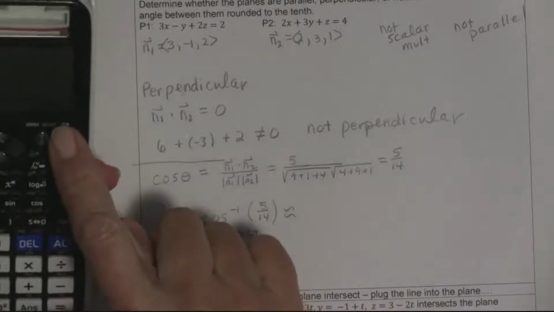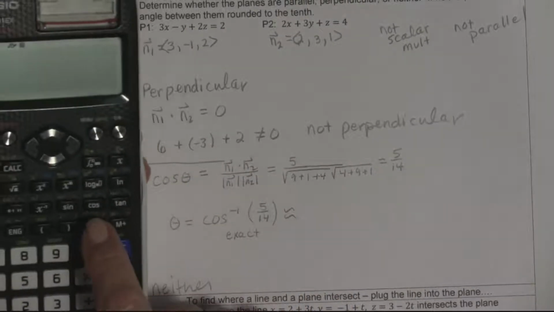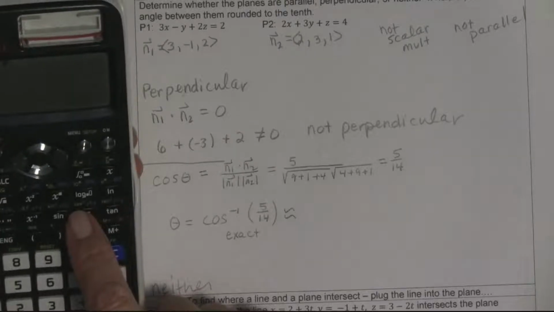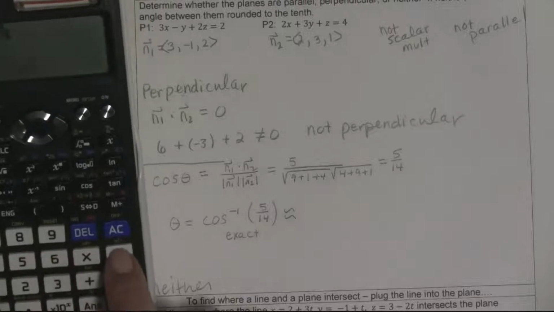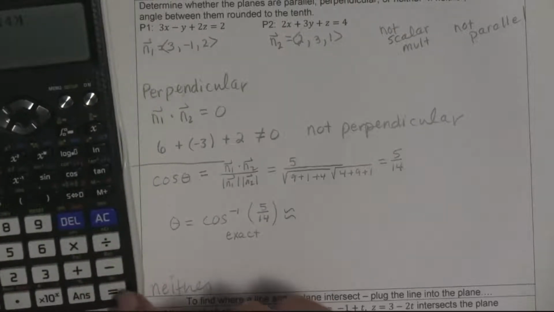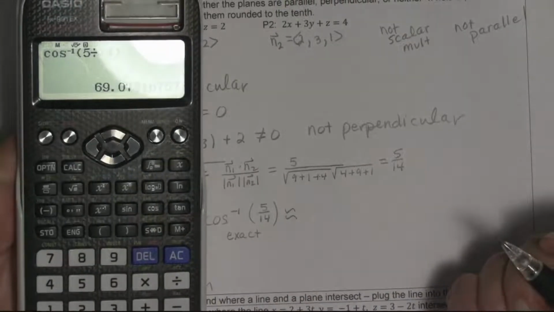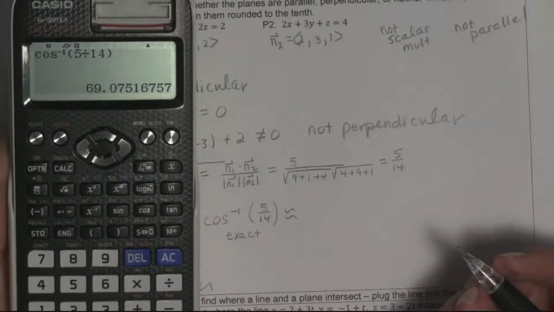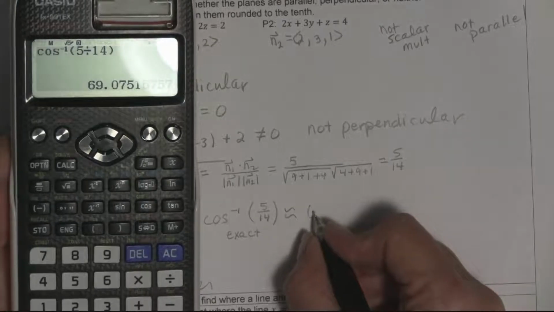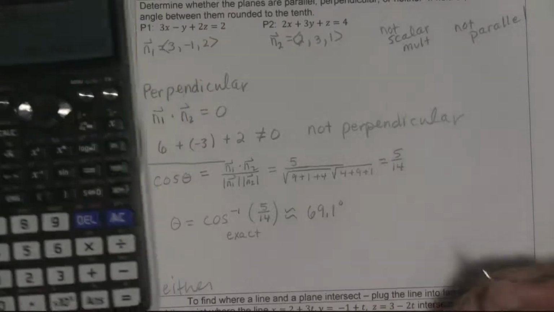And so typically you want to tell both if you can. My calculator is in degrees. So arc cosine of 5 divided by 14. I'm getting 69.07, so to the 10th would be 69.1 degrees.